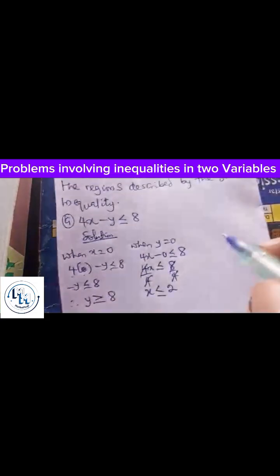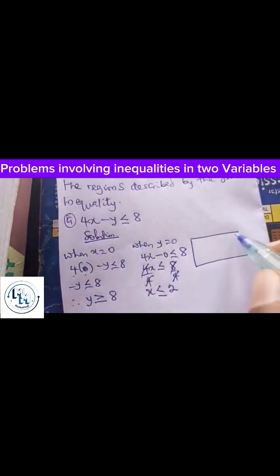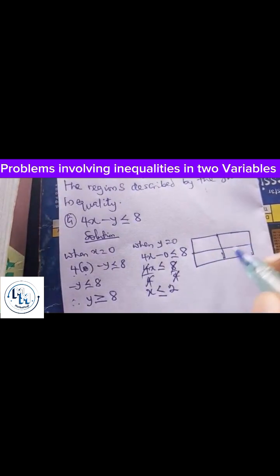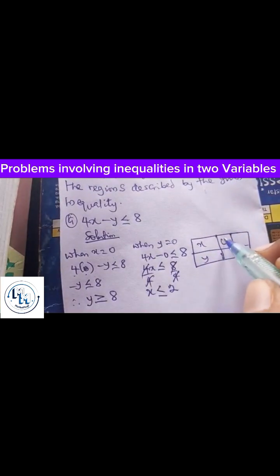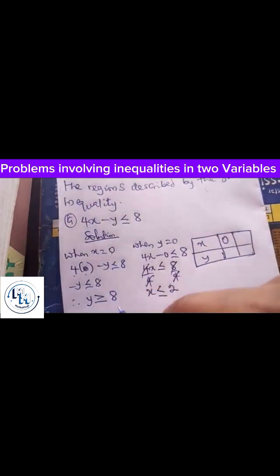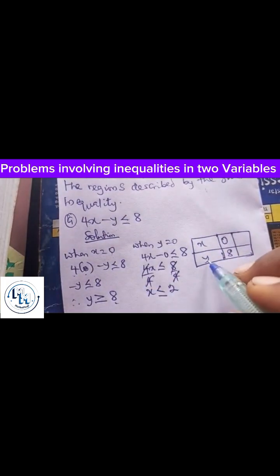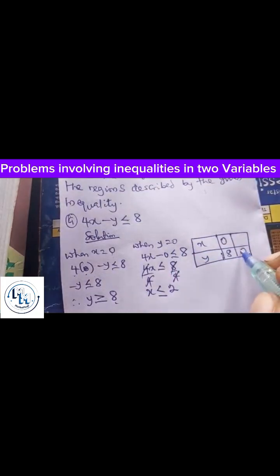So now, in summary, I can have something like this. Let's say x, y. Now, when x is 0 at this place, y is this. Then when y is 0, what is x? x is 2 here.